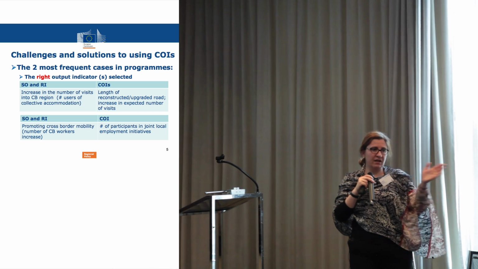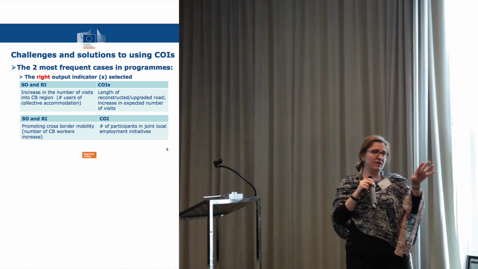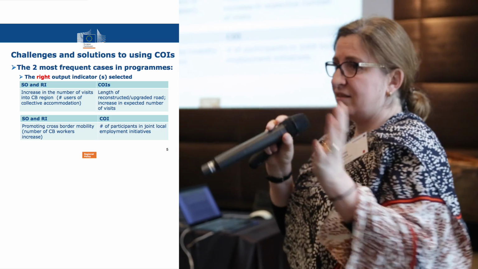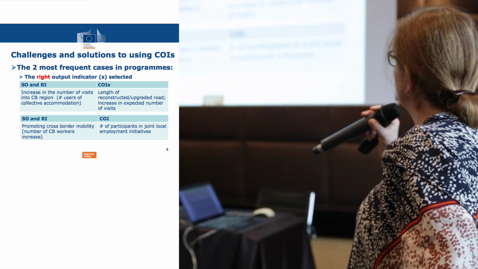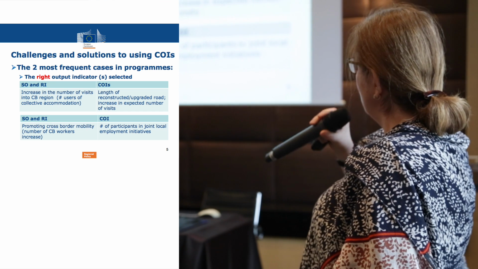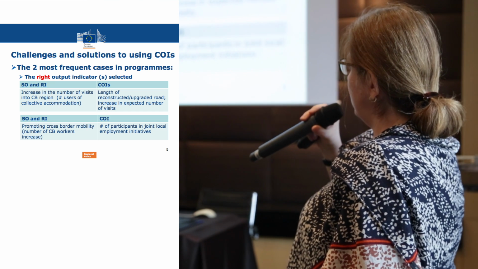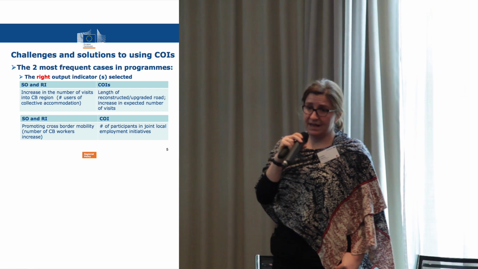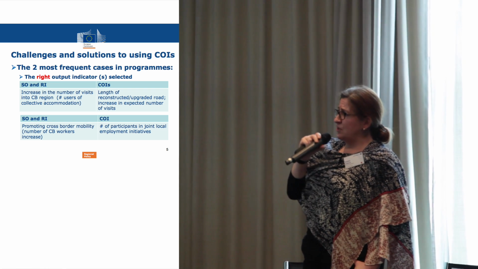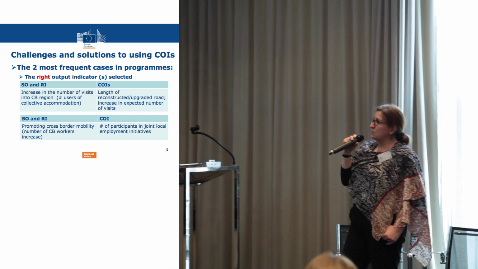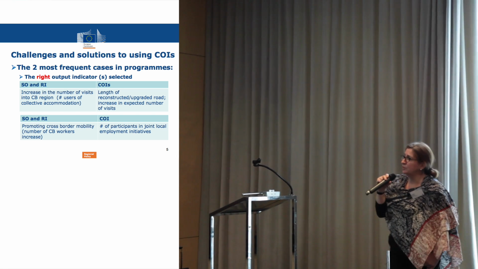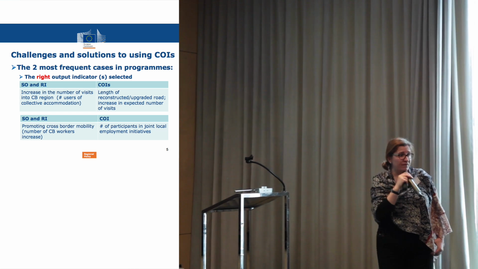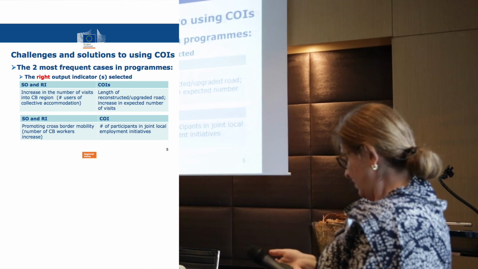Great linear link, great cause and effect link established as to how in our world you can establish cause and effect links. Or I promote cross-border mobility. I measure it through the number of cross-border workers, which is set to increase. And I measure it also by the number of participants in joint local employment initiatives. Neat, tidy, and fair, as someone said.